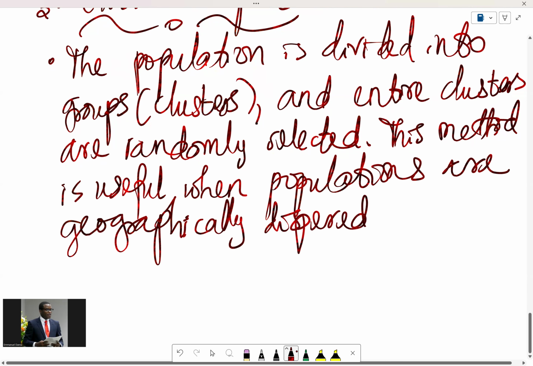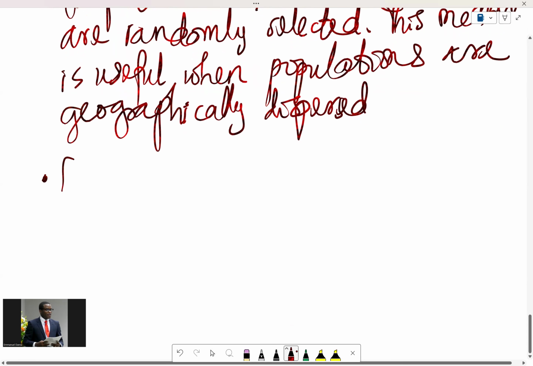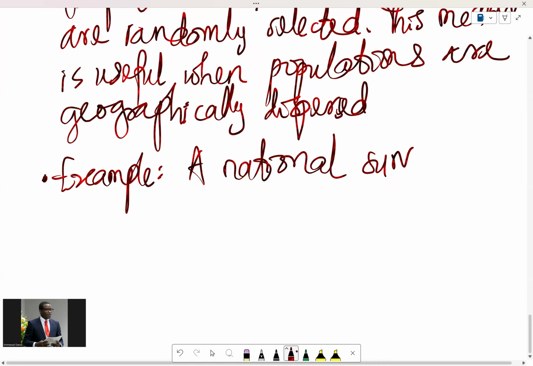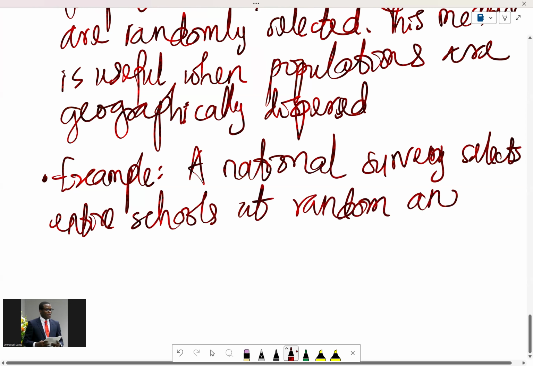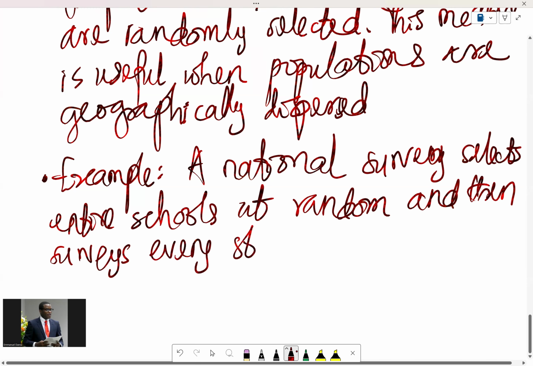A nice example of this would be a national survey that selects entire schools at random, and then surveys every student in the selected schools.